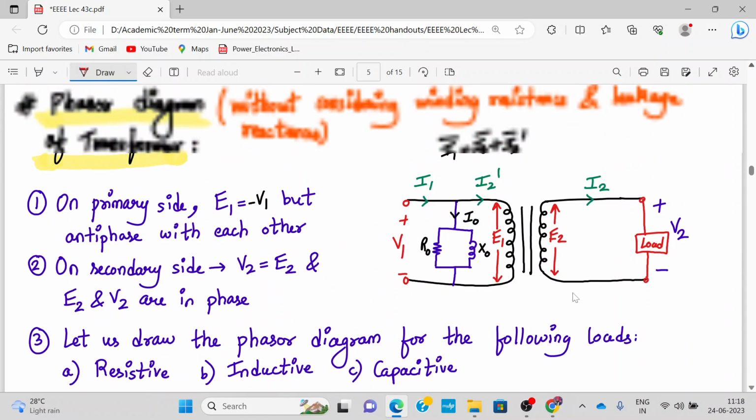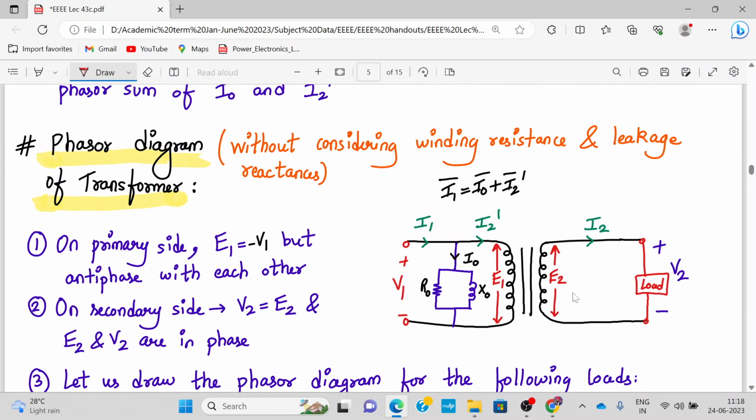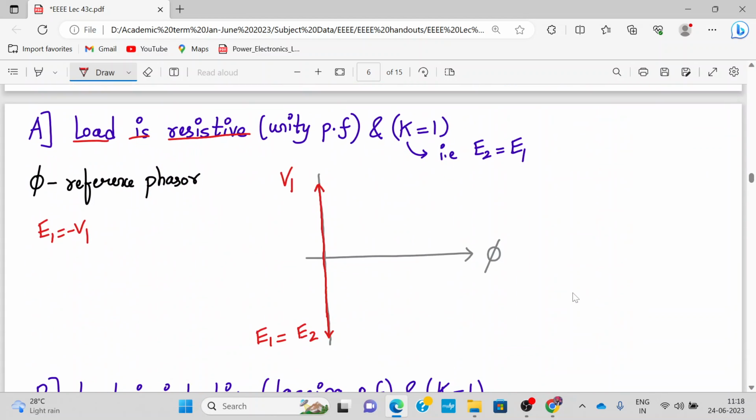Now let me show you the diagram. If the load is resistive, current I2 and V2 will be in phase with each other. So we can write, for a resistive load, I2 is in phase with E2.